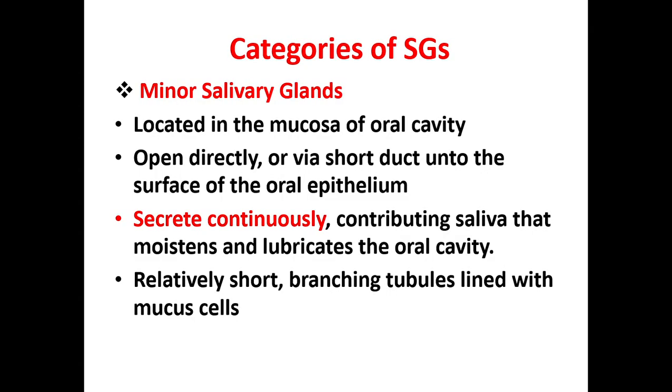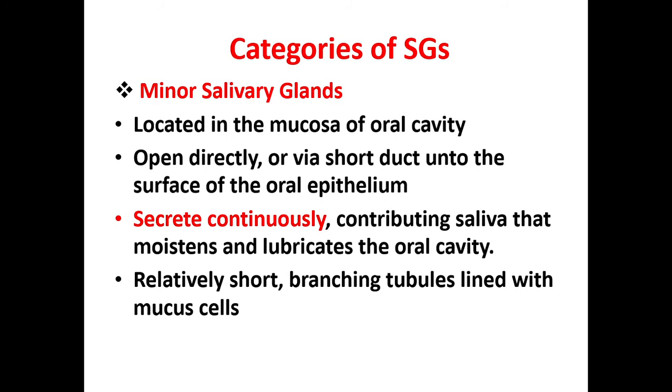The salivary glands are categorized into major salivary glands and minor salivary glands. The minor salivary glands are located in the mucosa of the oral cavity. They open directly or via a short duct onto the surface of the oral epithelium.